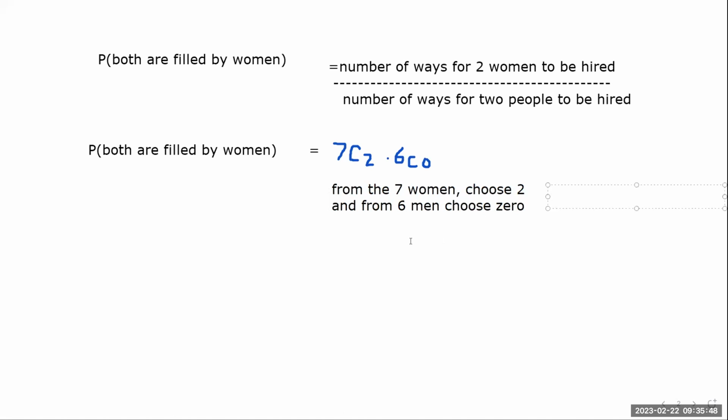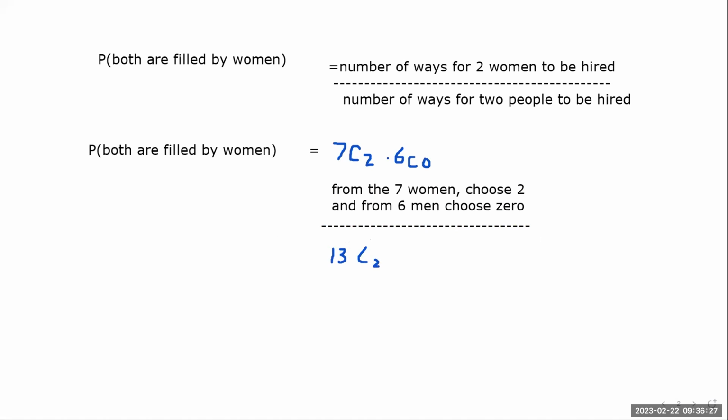So we're going to take that term and divide it by our very familiar 13 choose 2, right? So once again, we're going to put this in the calculator and do our thing with the fractions, okay?